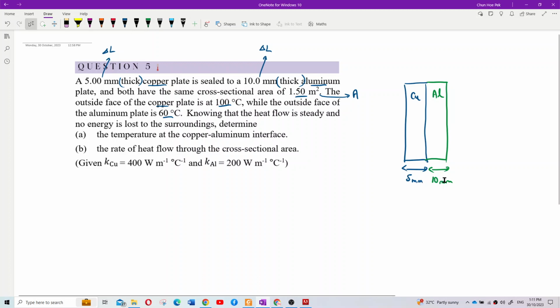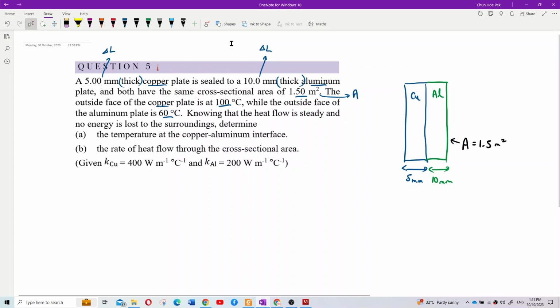This one you need to change to SI unit later. Cross-sectional area, it's given there, the cross-sectional area is 1.5 meters square. So the outside face of copper is 100.